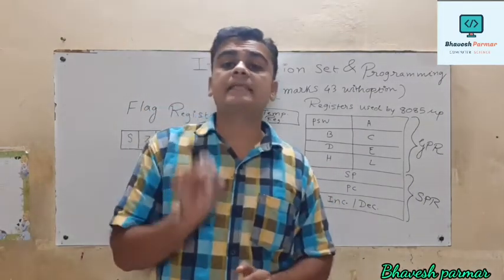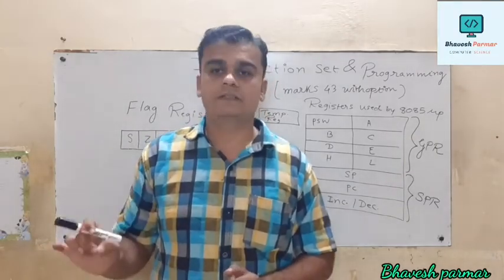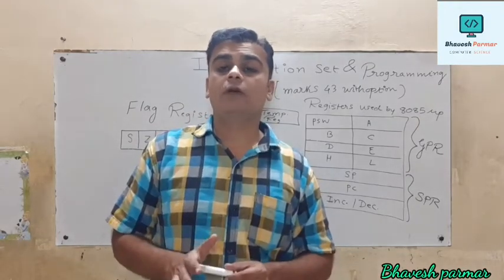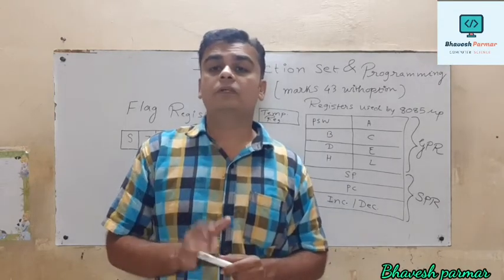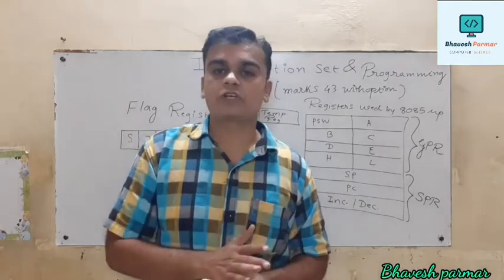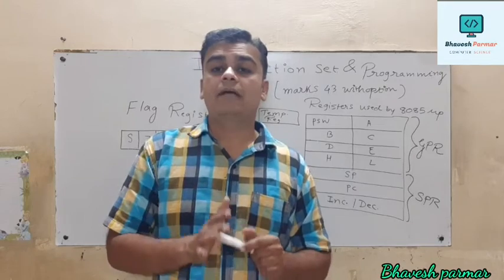SP indicates stack pointer and it is one of the 16-bit special purpose registers. So what is the meaning and what is the use of this SP? Generally, when the microprocessor executes any program, it gives an address to each and every instruction. Let me take an example. Suppose I have a program having 5 lines.